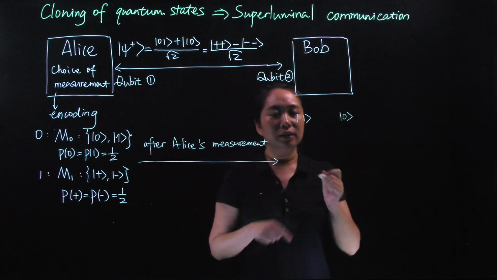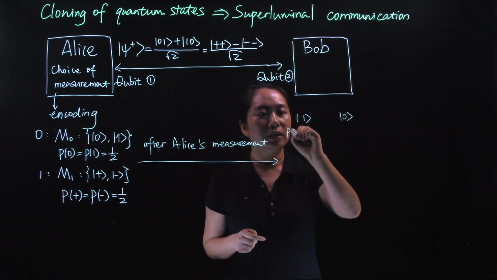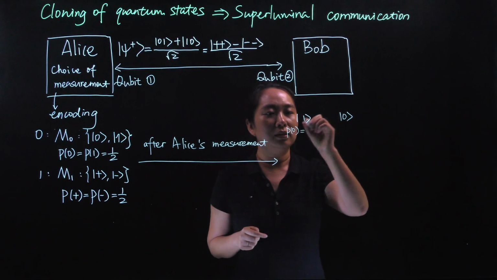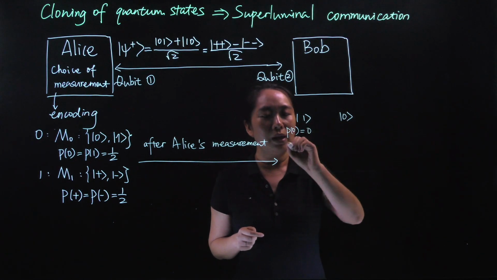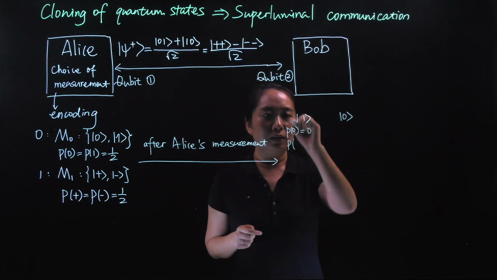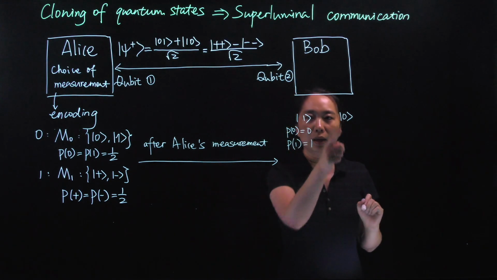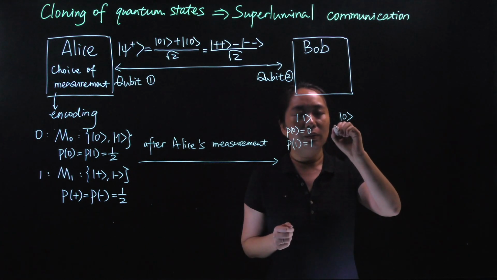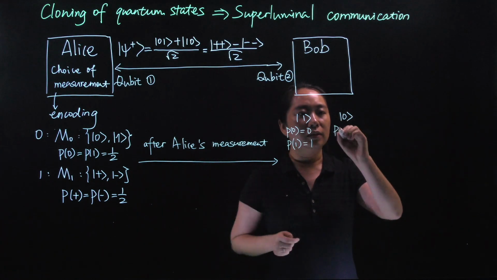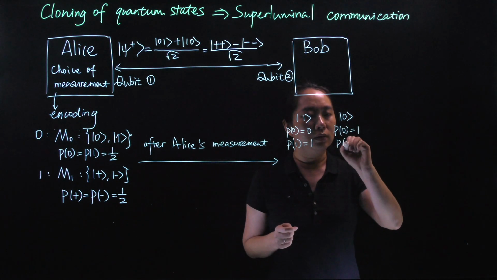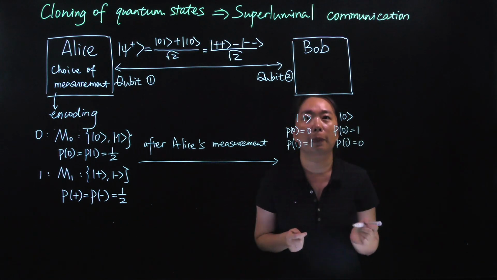So in this case, Bob will find the probability of finding his state in state 0 to be 0 and in state 1 to be 1. In the second case, he will find the reverse: P0 equals 1 and P1 equals 0.